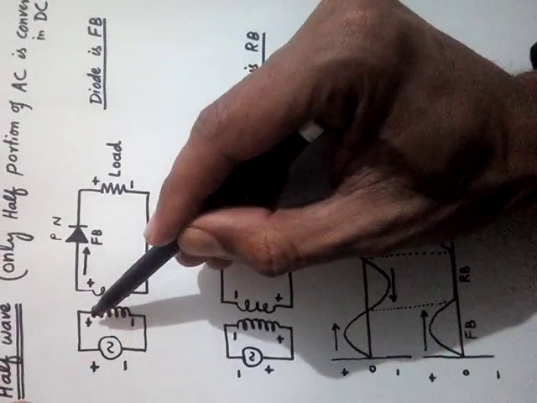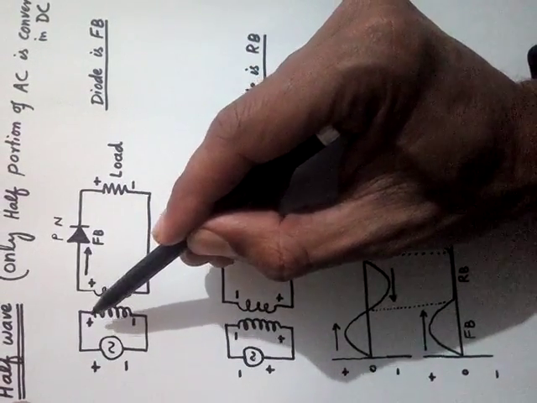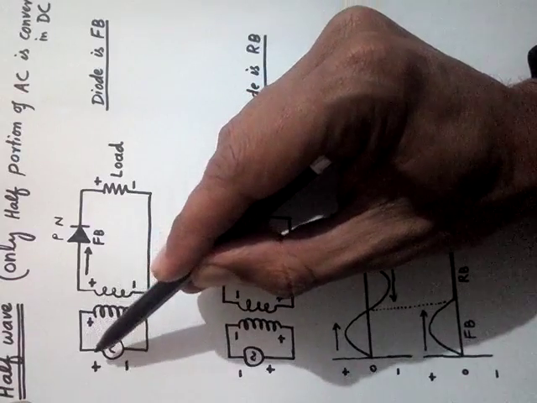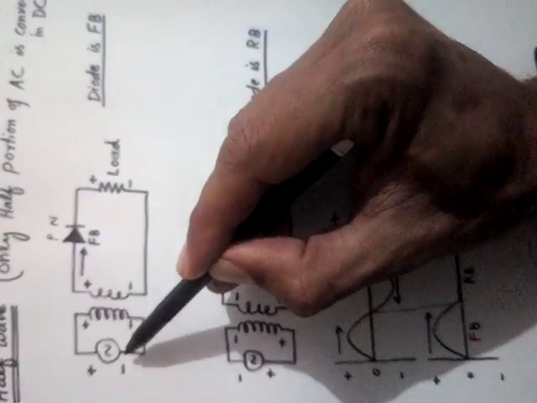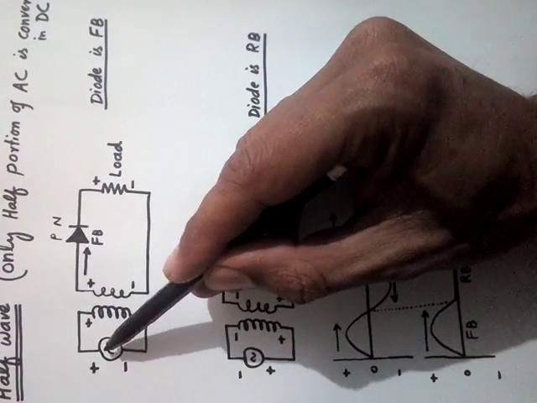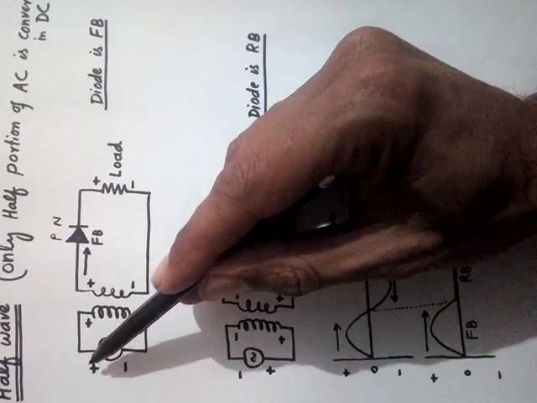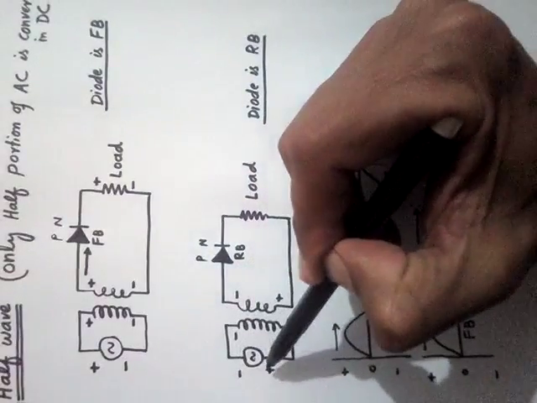Can you see here? This side of the primary coil was positive because it was connected with positive, and this side was negative because it was connected with negative. When the alternating voltage source changes its direction, positive becomes down and negative becomes up, like this.